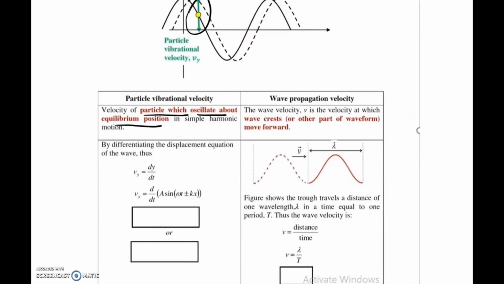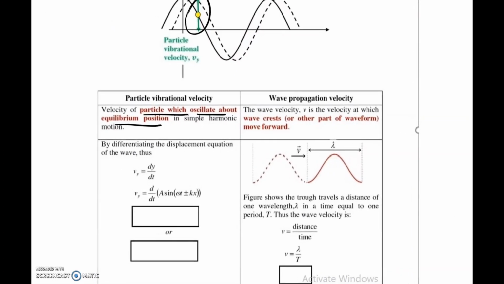By differentiating the displacement equation, you have Vy equal to a omega cos(omega t + kx), or you can have Vy equal to a omega cos(omega t - kx), where plus shows that the wave propagates to the left and minus shows the wave propagates to the right.